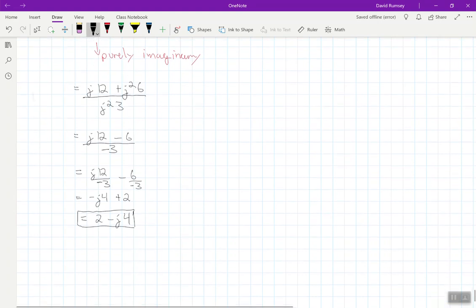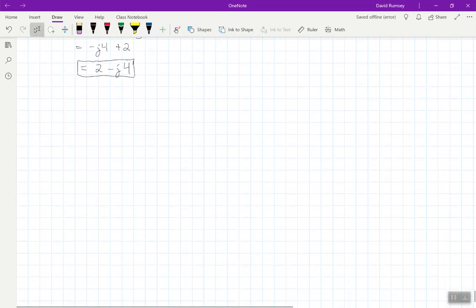So let's look at another one that's just purely imaginary. So we're going to have negative 5 plus j25 over minus j5.